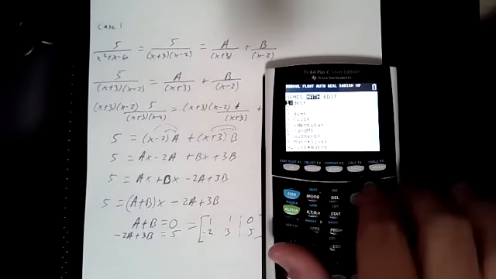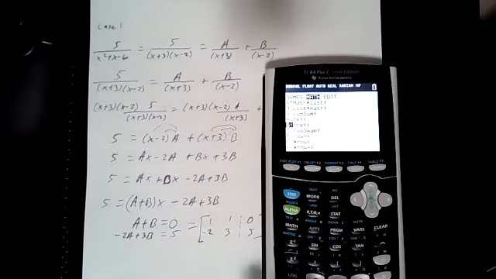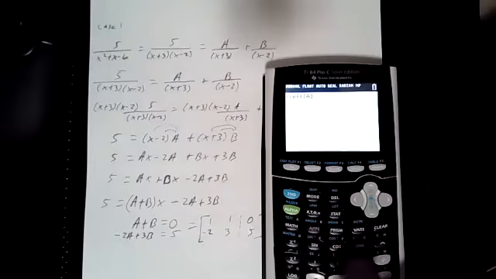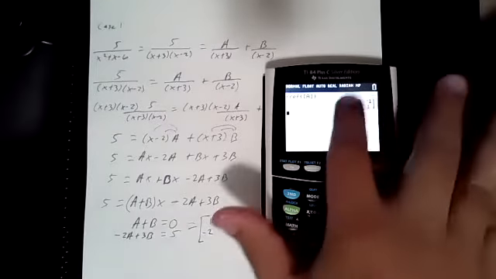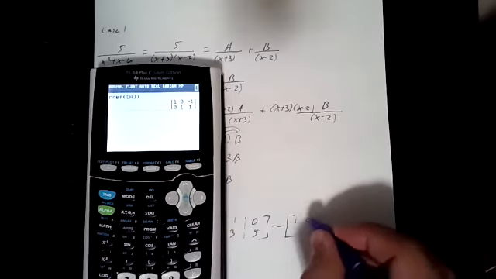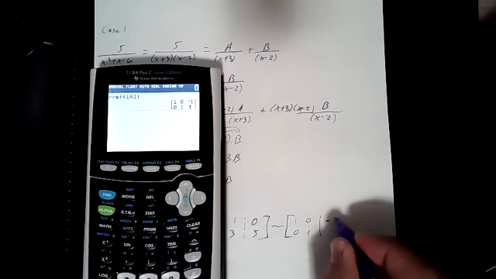Go to math. All these math operations are for matrices only. So press enter on RREF. Go back and pick A. So now it solved it for us. So this is going to be 1, 0, 0, 1. This is called row reduced echelon form, if you remember your matrix stuff.